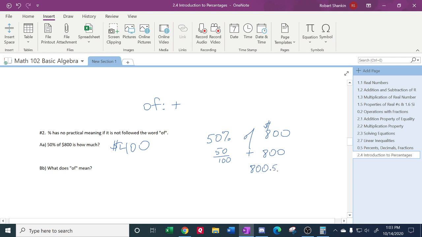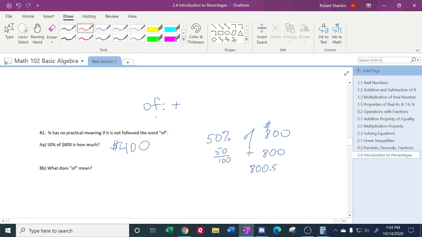So it'd be $800.50. That's if of meant addition. And it gets us the wrong answer. So of cannot mean addition.